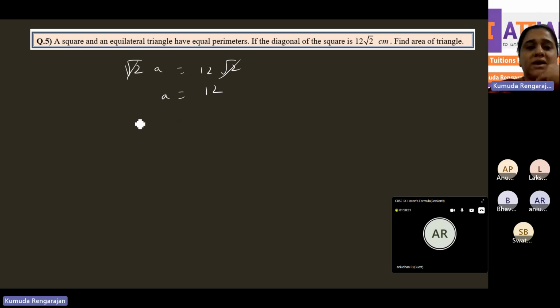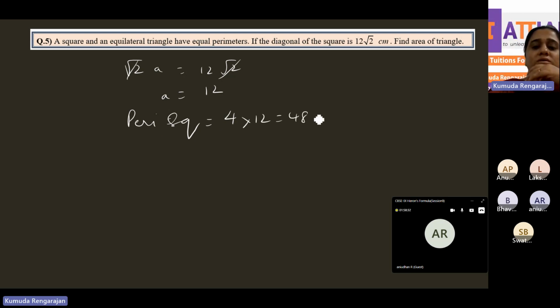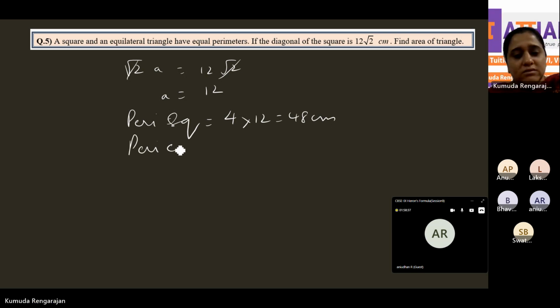Perimeter, ma'am. Perimeter of the square is? 4a, ma'am. So 4 into 12, 48. Okay, next what? What's the perimeter of the equilateral triangle? 48, ma'am. 48, because it's given that they are equal, correct?